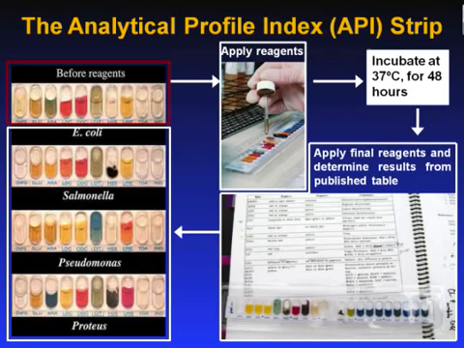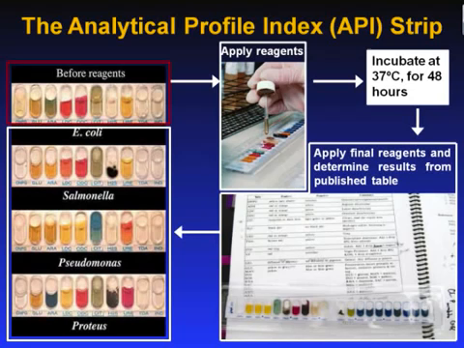Each cupule is inoculated with a saline suspension of a pure bacterial culture, rehydrating the dried reagent in each tube. Some of the tubes are to be completely filled, for example tests CIT, VP, and GEL, whereas others are topped off with mineral oil so that the anaerobic reactions can be carried out, for example tests ADH, LDC, ODC, H2S, and URE.